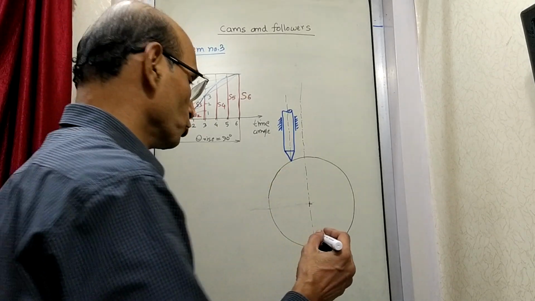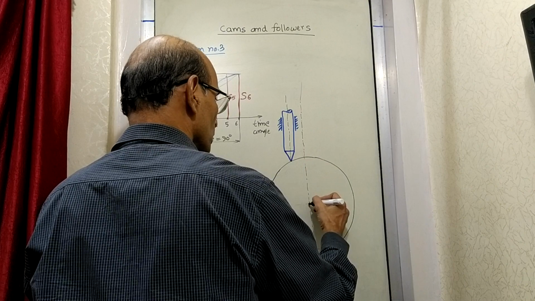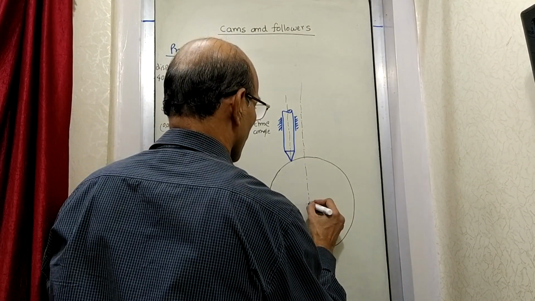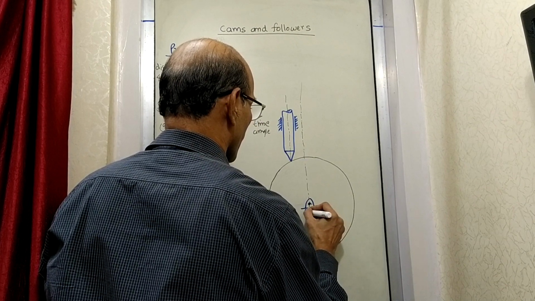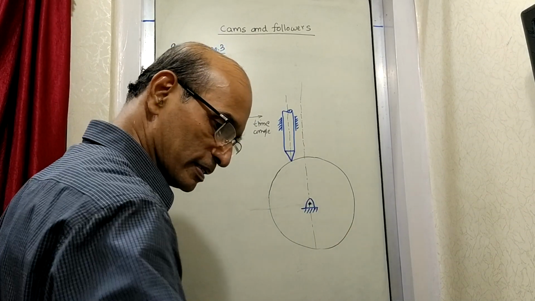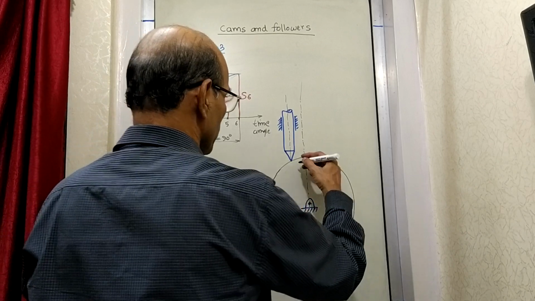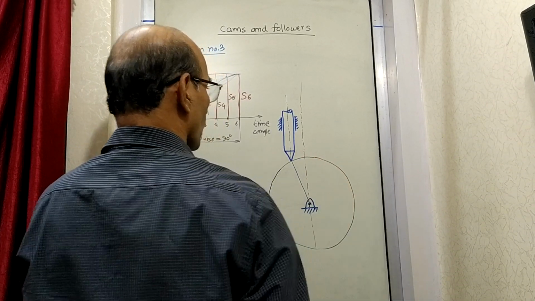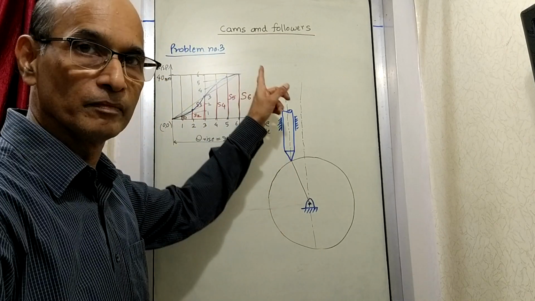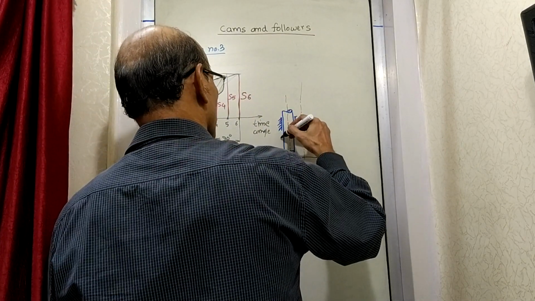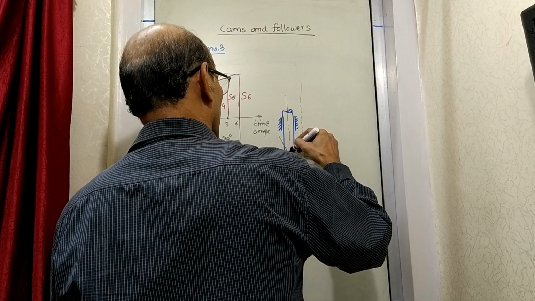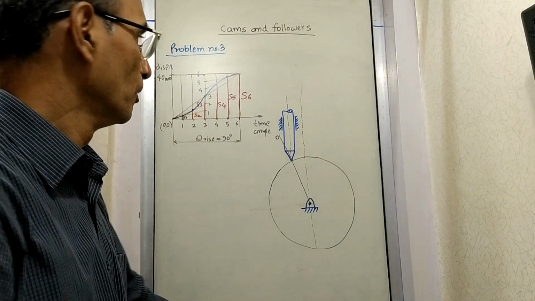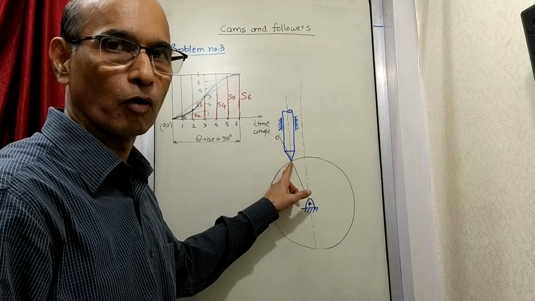So what we first do is we join this initial position to the center. The center of course has to be marked, like this. Now we join this and this. Now this is going to be our zero line. The zero line, if I extend, this is the zero line passing through the tip of the follower.